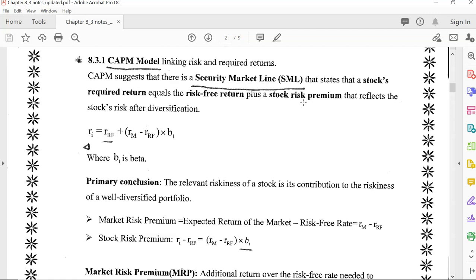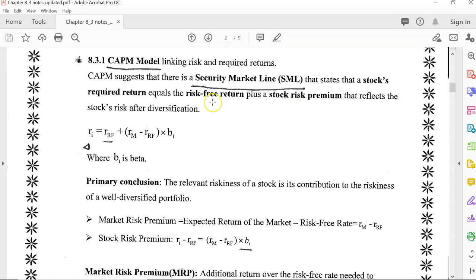Do you still remember we discussed that for any financial asset, the return of the asset equals the risk-free rate plus the risk premiums for that asset? The return is higher for that asset compared to risk-free assets because of the additional risk the asset has.